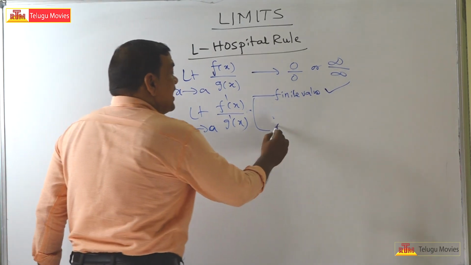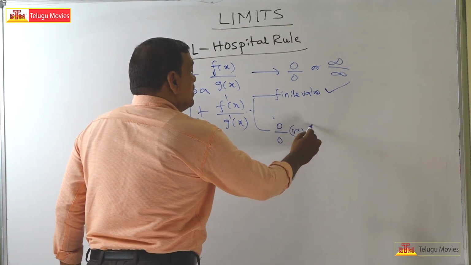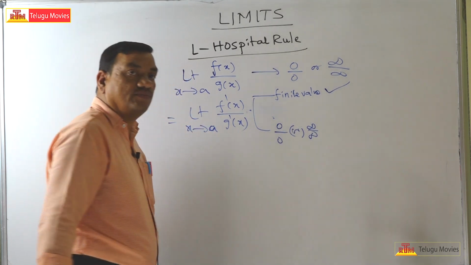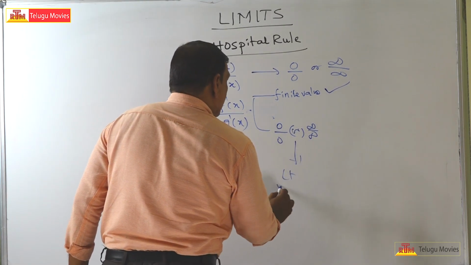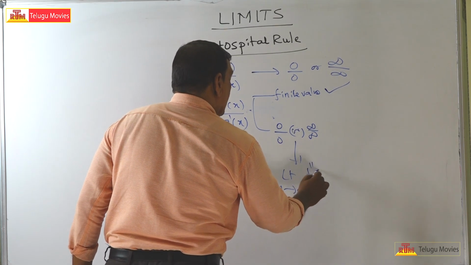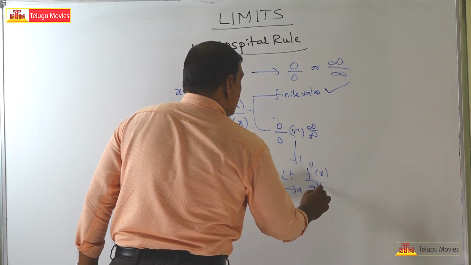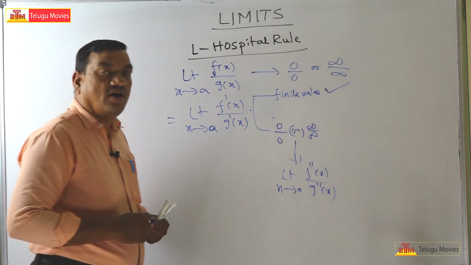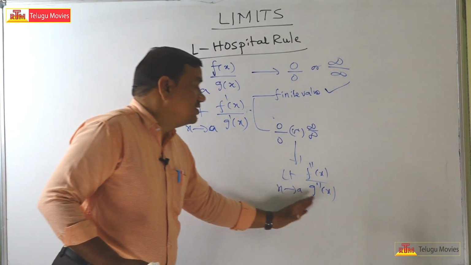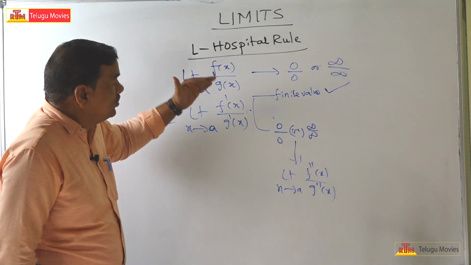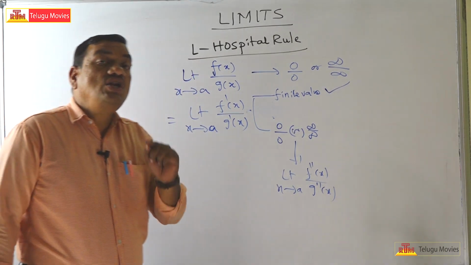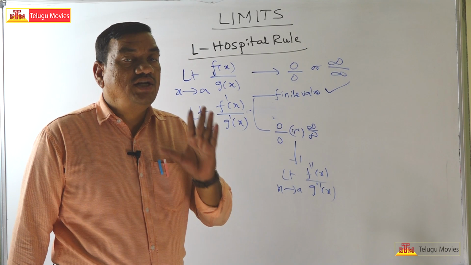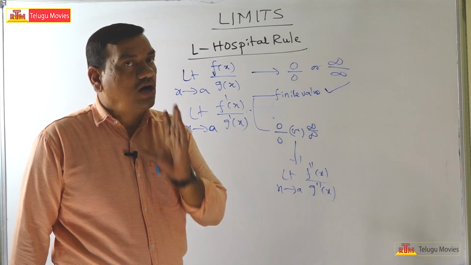If you get again 0 by 0 or infinity by infinity, then the problem leads to the limit as x tends to a of f double dash of x by g double dash of x. Again you have to differentiate the numerator and the denominator until you get a finite answer.